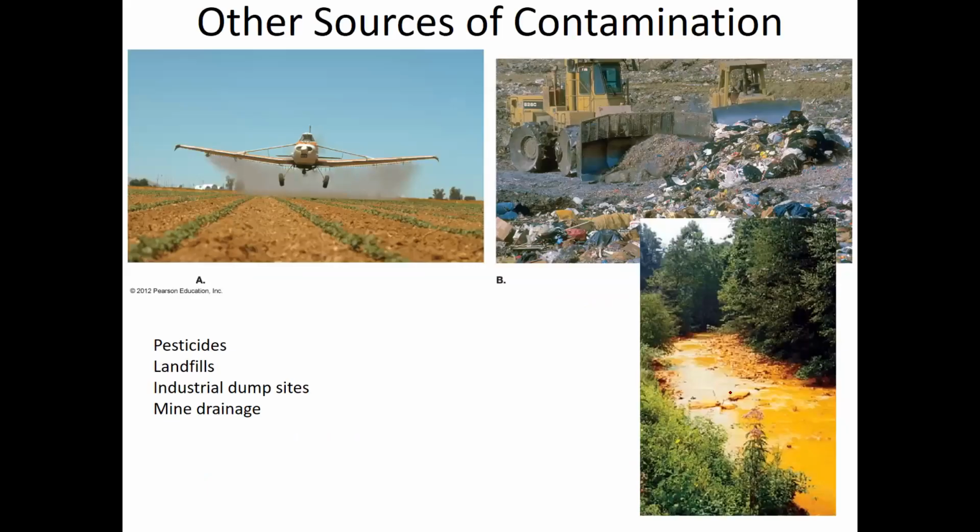Other sources of groundwater contamination are anything we put on the ground, right? Pesticides. Imagine we spray pesticides on farm fields. Well, when it rains, those pesticides and herbicides get added to the groundwater system. You might have heard of a chemical called DDT, which years ago was a very common pesticide.